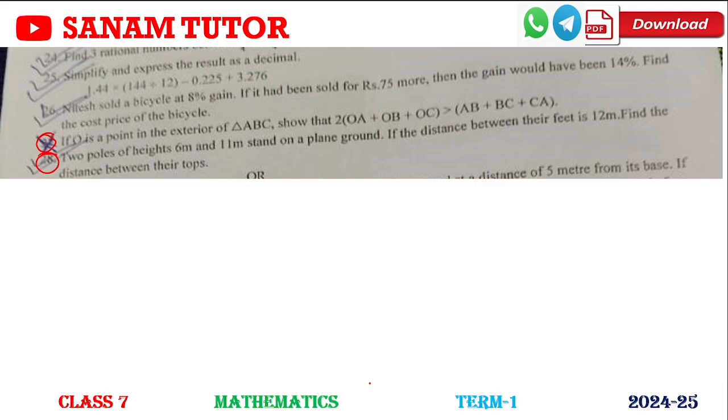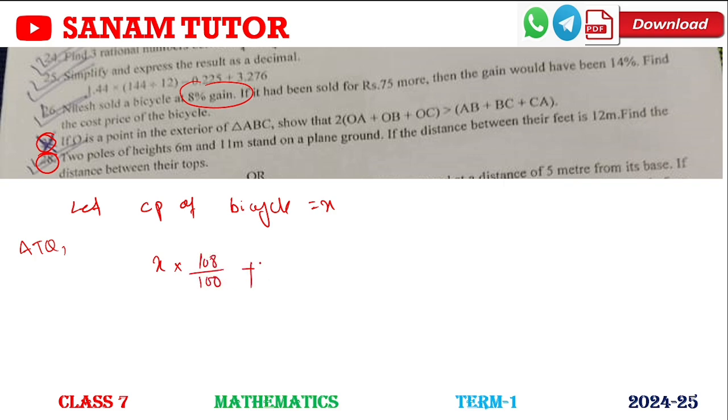Nitesh sold a bicycle at 8% gain. Okay, so let's suppose the CP of the bicycle is equal to X. So we can write, according to the question, 8% gain means the SP is CP, that is X, into 100 plus profit, that is 100 plus 8, 108 divided by 100.